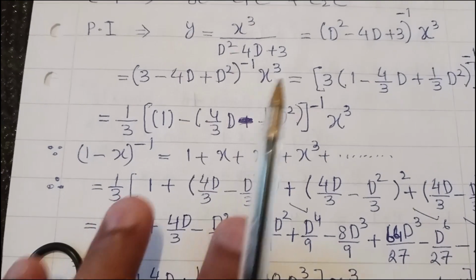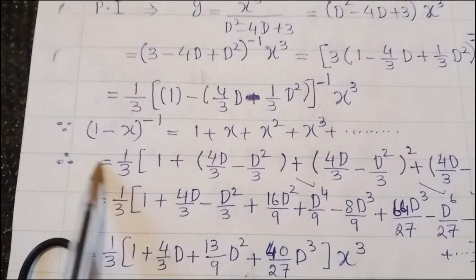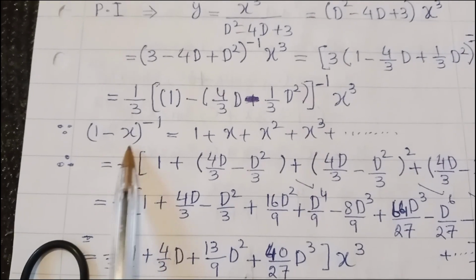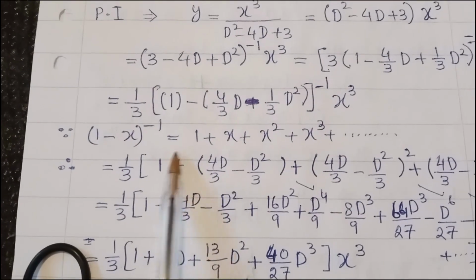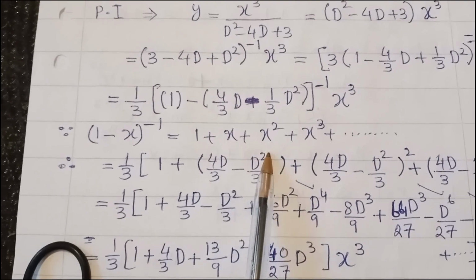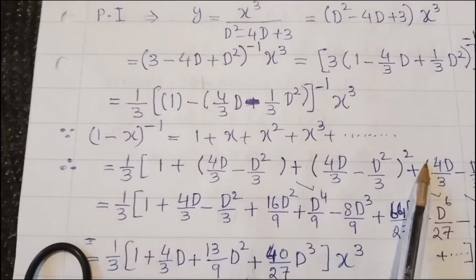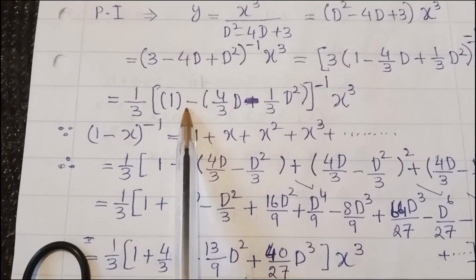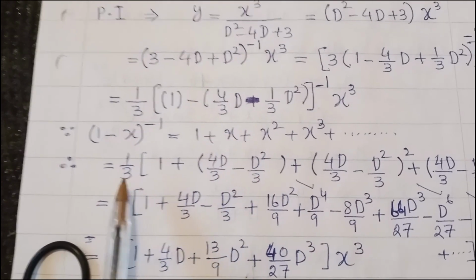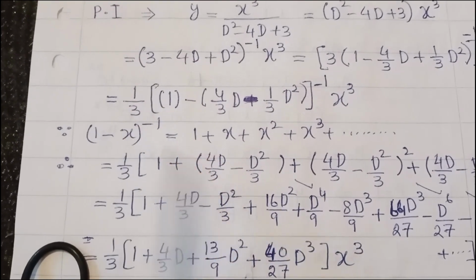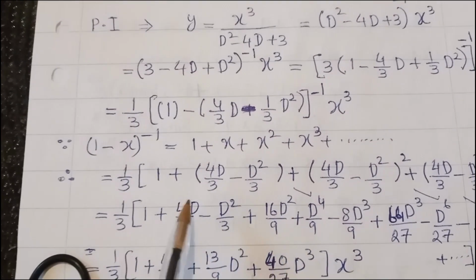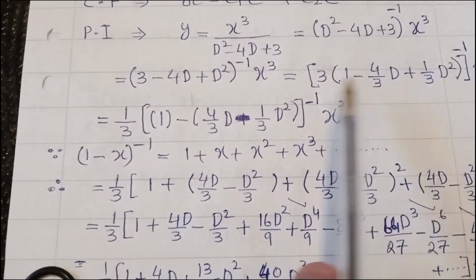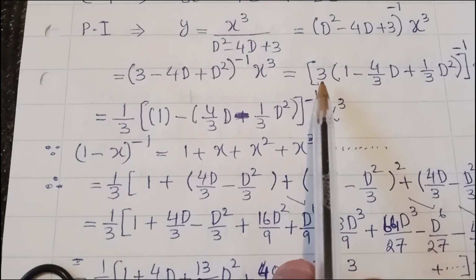So now we have two terms, 1 minus x raised to the power minus 1. We will apply the simple binomial expansion, that is 1 minus x raised to the power minus 1 can be written as 1 plus x plus x square plus x cube and so on. So we can apply this formula on our problem, because 3 raised to the power minus 1 will be 1 upon 3.